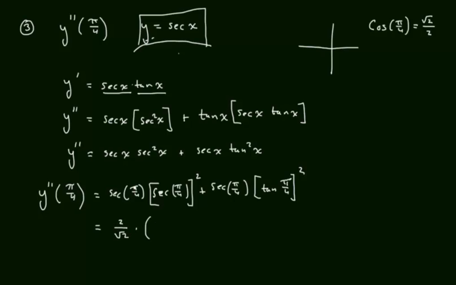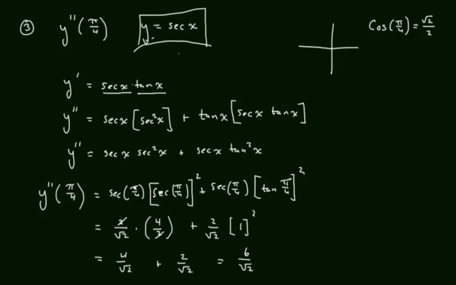Then if I take that value and square it, I'm going to get 4 over 2. And then we have again 2 over radical 2. And then the tangent at pi over 4 is equal to 1. Squared is still 1. So in the end we have 4 over radical 2 plus 2 over radical 2, which is a total of 6 over radical 2.